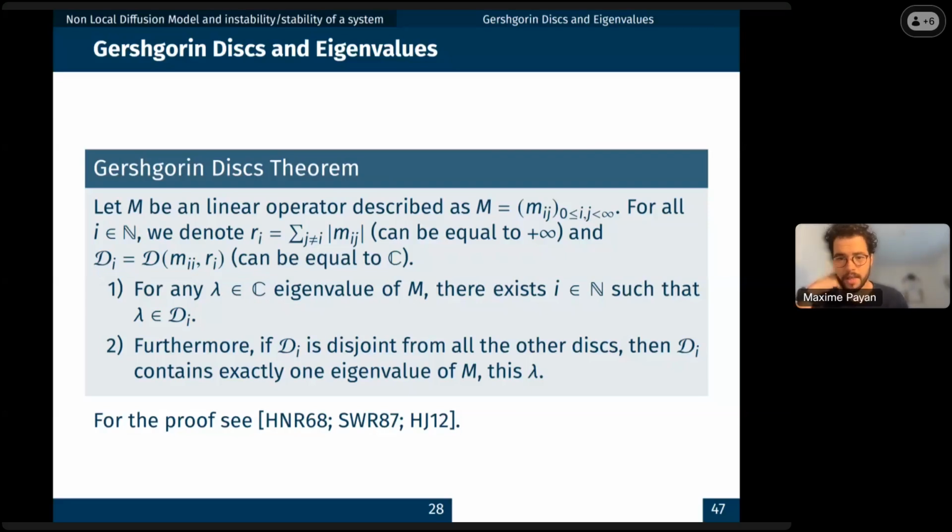The compactness is hidden in this notation, because if you can write it this way, it means this is a limit of finite rank operators. So it's compact. This is hidden in this.